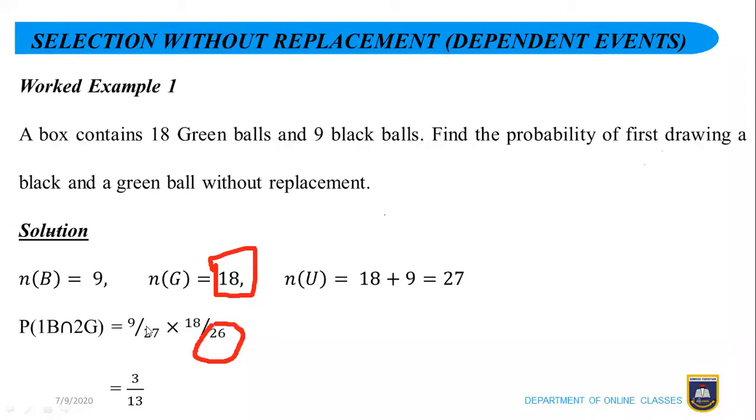So if you multiply 9 over 27 by 18 over 26, I hope you have your calculator with you. Yes, sir. Good. Multiply that. Let's see your answer. Akitipel, what is your answer if you use your calculator? Please, it is 3 over 13.